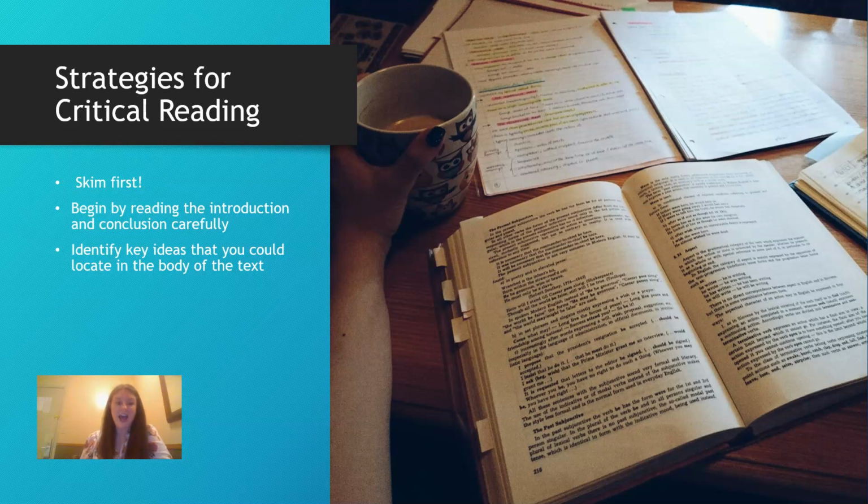So if you're looking at solar panels, as it relates to people in the southwestern communities, well, if someone is doing a paper on solar panels in the mid-Atlantic or on the East Coast, that might not be the type of information that you want. That might not be helpful to you. And so rather than taking time to read the article in detail, if you skim first, you can pick up to say, okay, is this going to be entirely relevant?